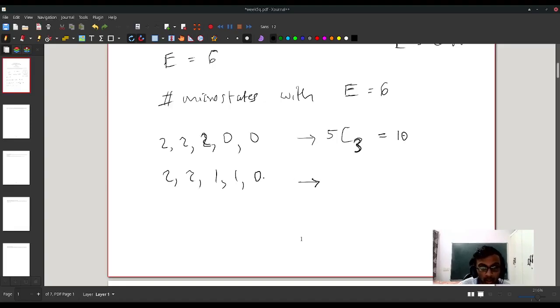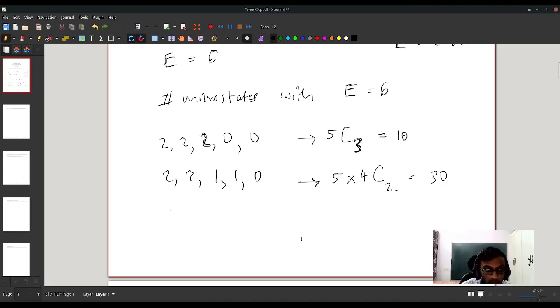To select the atom which is in the 0 state, there are 5 ways, and out of the remaining 4, we can select 2 atoms and say that they would be in the state with energy 1. So this total would be 30, and so on. We can try to list other possibilities.